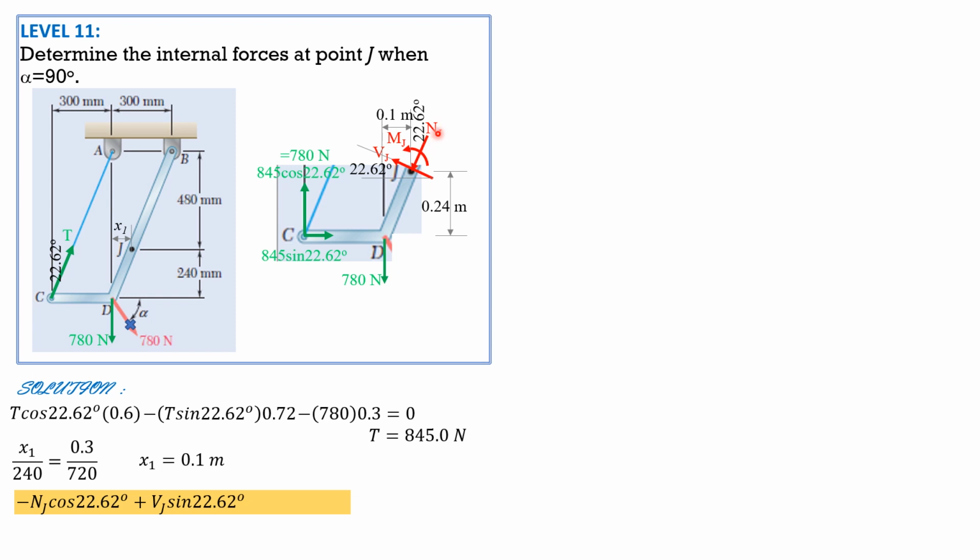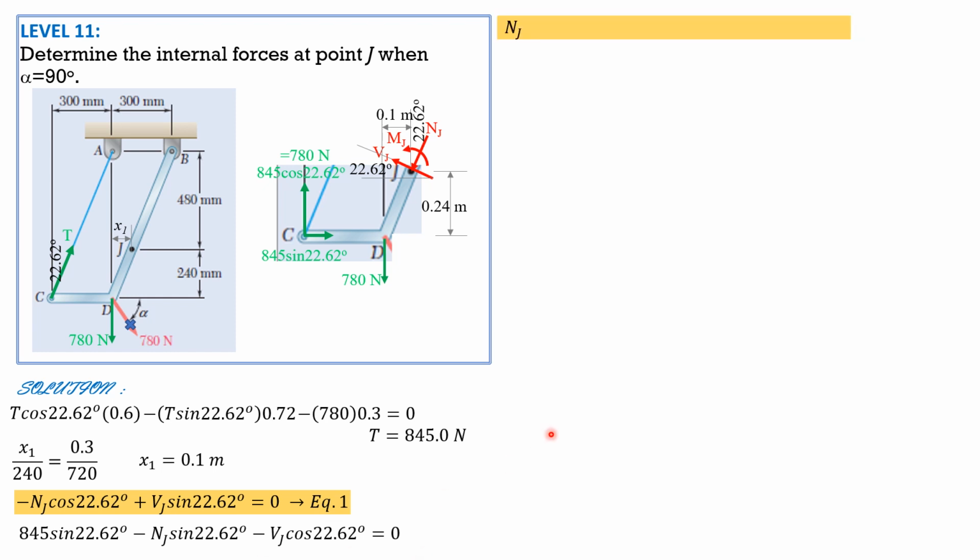So that's 22.62. So summation forces vertical: NJ is negative, vertical component is negative NJ cosine 22.62 plus vertical component of VJ, which is VJ sine of 22.62. Since 780 minus 780 is 0, it equals 0. Call that equation 1. Then summation forces horizontal: 845 sine 22.62 minus NJ sine 22.62 minus VJ cosine 22.62 equals 0.